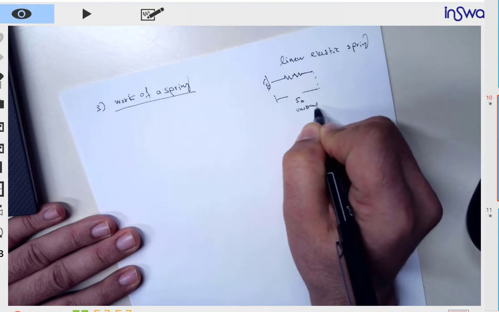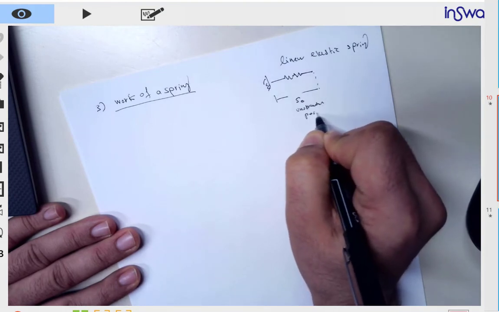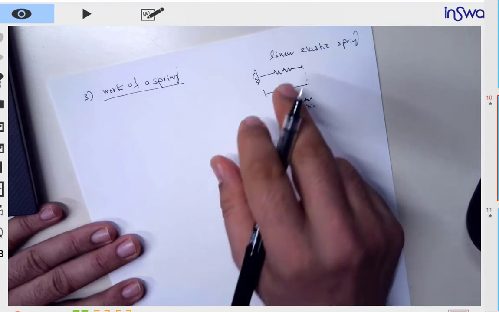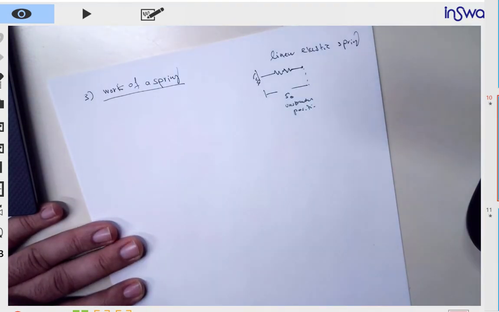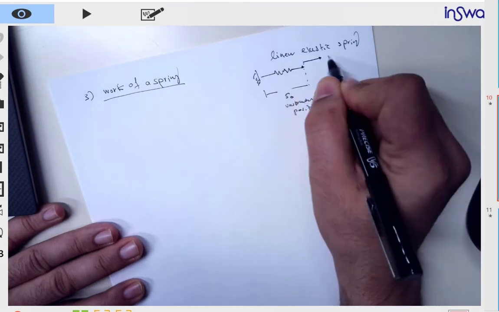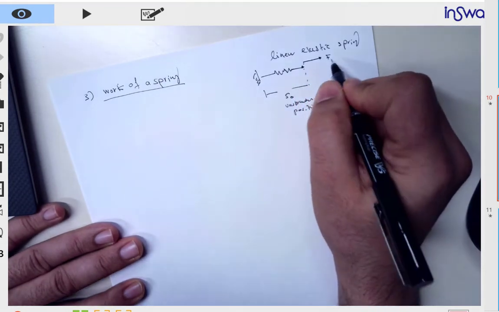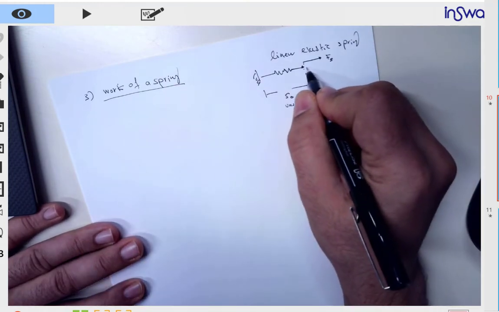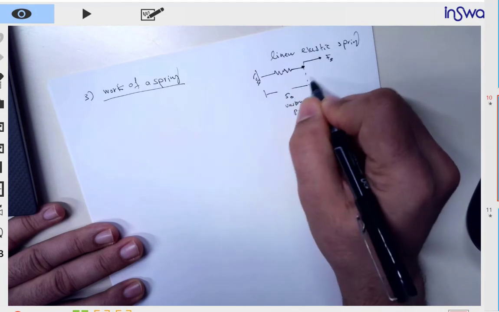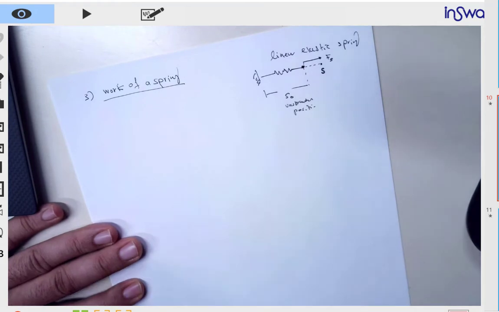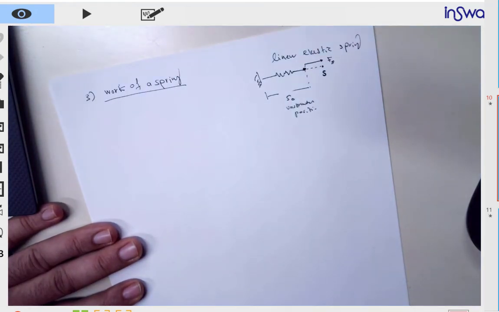Unstretched position meaning there's no elongation from the normal position of that spring. And when you apply a force, I'll call it Fs, it's going to cause a displacement from this position to a new position. Call it S position, right?